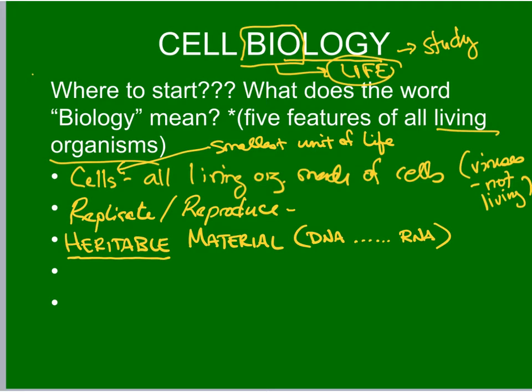Number 4. So all living organisms utilize energy. And when I say utilize energy, it's important that you don't say they make energy, because energy can neither be made nor destroyed. They just utilize energy to be alive.